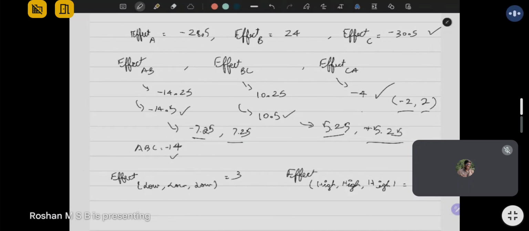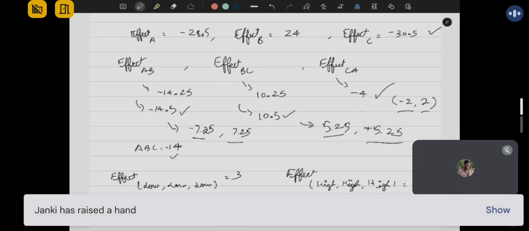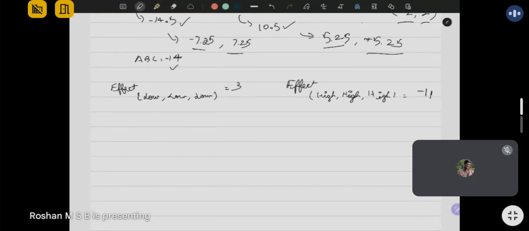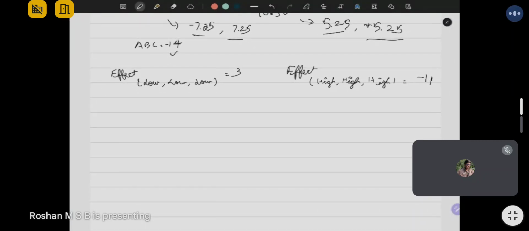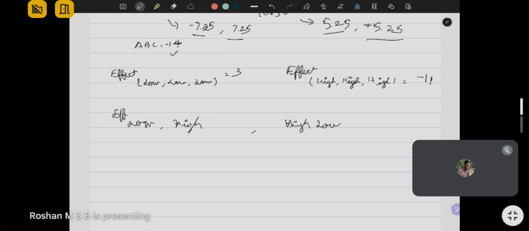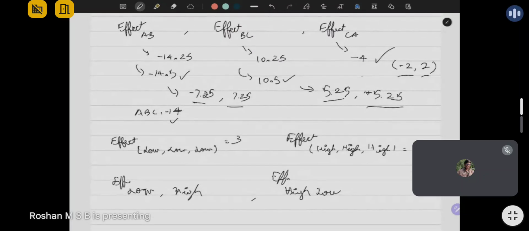This was the way as described in the lectures, right? Yeah, just now what we did is the way it was explained. Because there is another method where you take into account both low-high combinations and high-low combinations, you get the effect for each, and also what you can do is sum everything up.